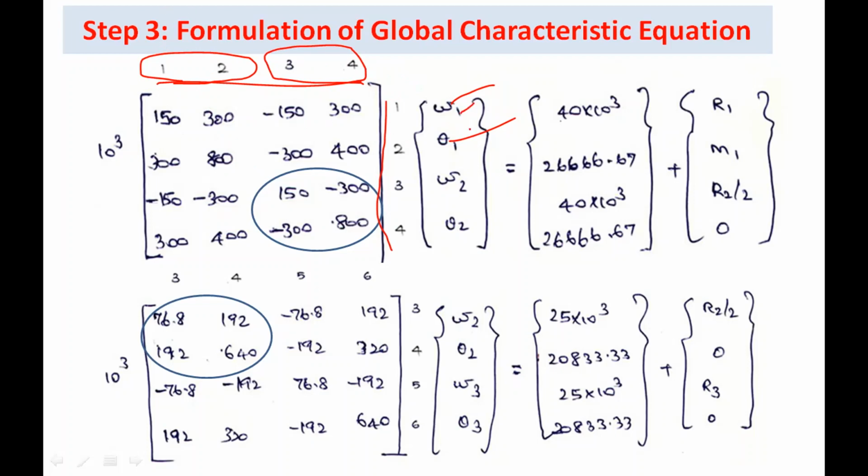That is, W1, theta 1 degrees of freedom for node 1, W2, theta 2 for node 2. When you take this second equation, here also we have W2, theta 2, so there we are using 3, 4 and 5, 6. So the common notation is used for the common degree of freedom. So using this numbering, we can easily assemble these two matrices.